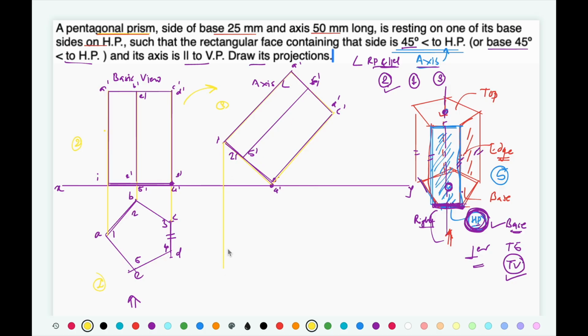Now finally project it for the top view. Project every single corner point.